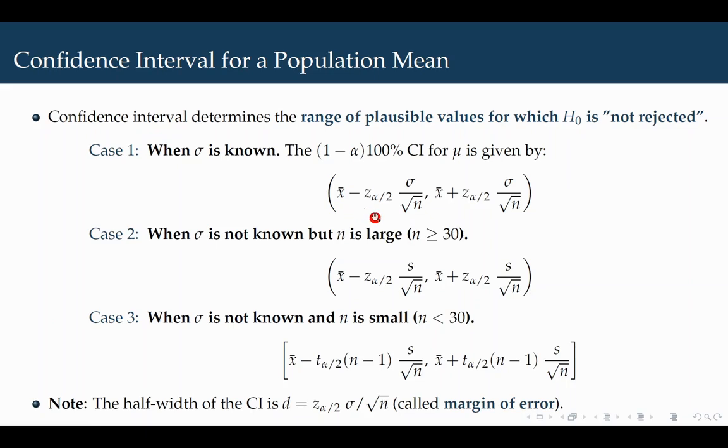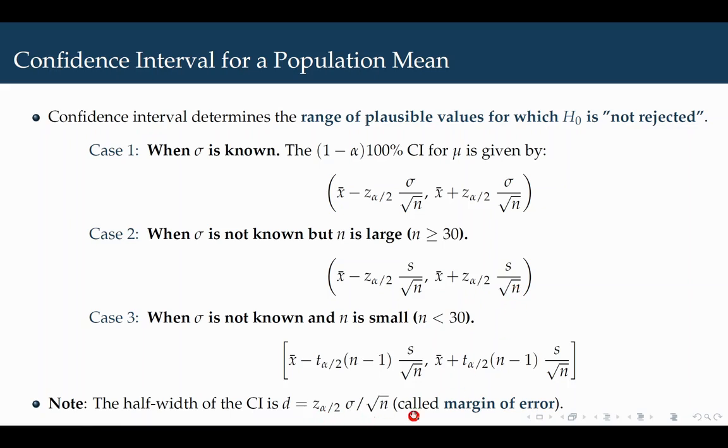So here we say that this confidence interval is nothing but the construction of an interval on either side of the sample mean. The value that is subtracted from the mean, or added to the mean, is called the margin of error. That is, z alpha over 2 sigma over root n is subtracted from the mean, or added to the mean.